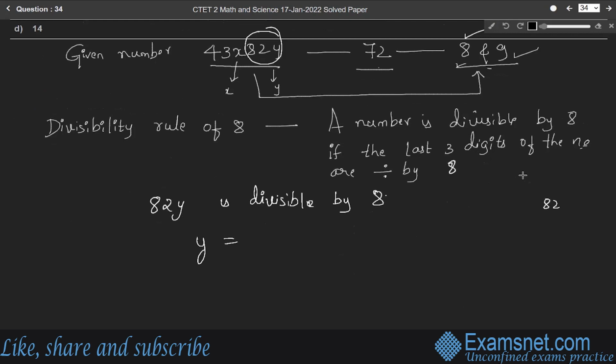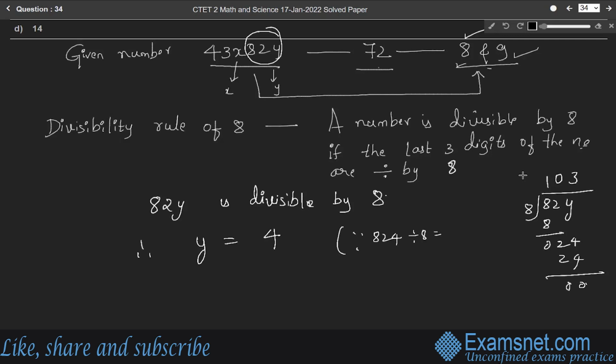So 82y by 8, you can verify it. If the value of y is 4, then only 82y is divisible by 8, right? 8 into 103 becomes 824. Therefore, y is equal to 4, right? Because 824 divided by 8 is equal to 103, right?